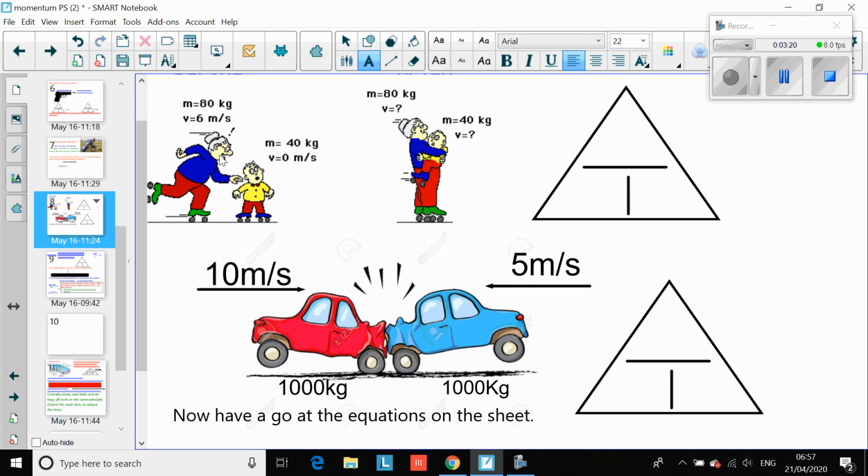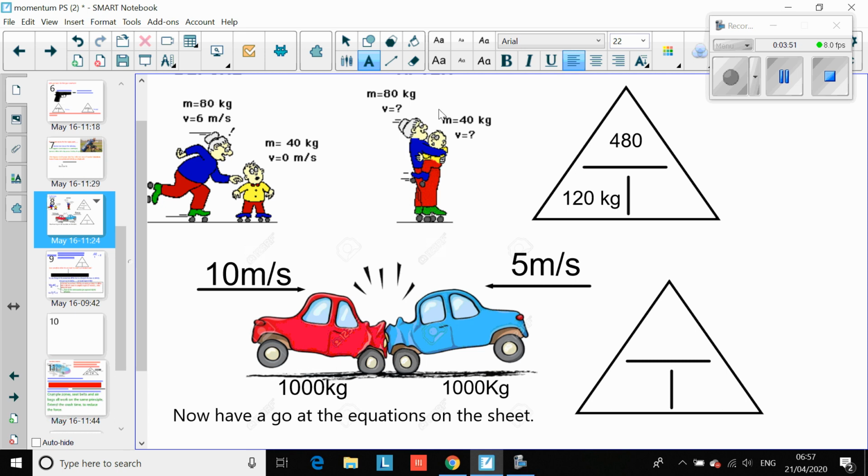So her momentum add his momentum still leaves us at 480. Okay, 480 kilogram meters per second, that's momentum. However, their mass, we now need to calculate as a single unit. So 80 plus 40 gives us 120 kilograms. Now, what we can do is we can work out the velocity after the collision.